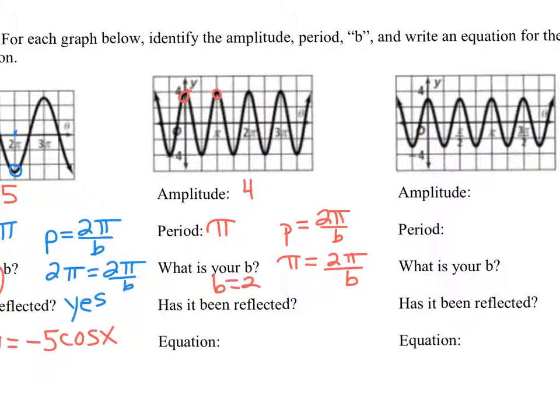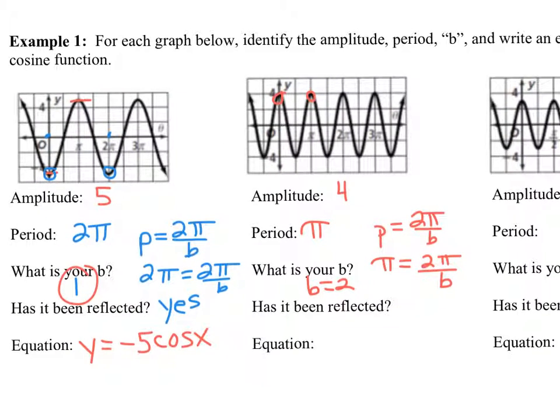Has this one been reflected? Well, it's starting at the max. The other one over here started at the min. So this one starts up, so it has not been reflected. So no. And what's my equation? It's going to be y equals 4 cosine of 2x.